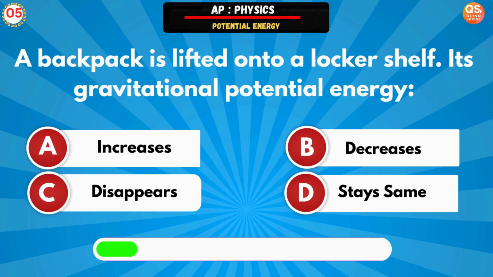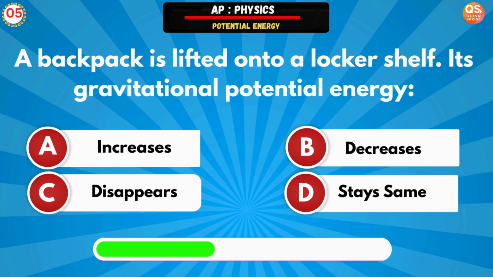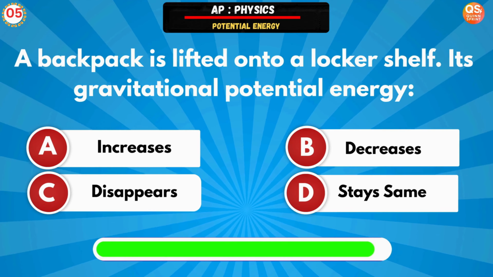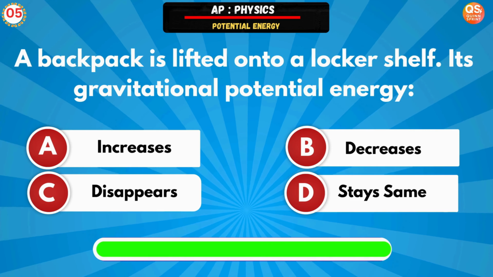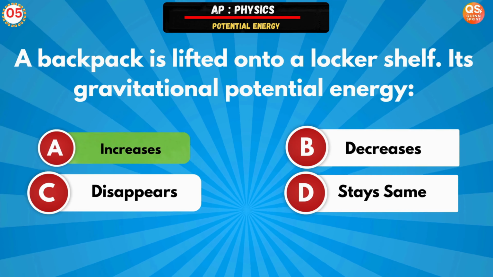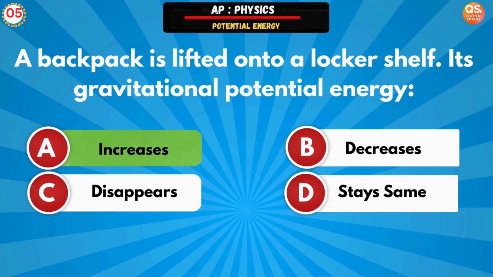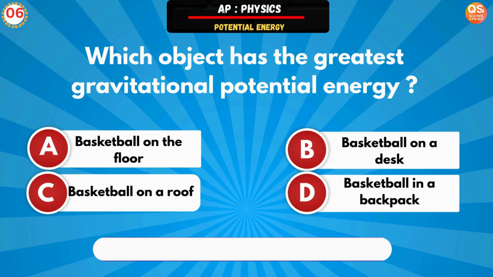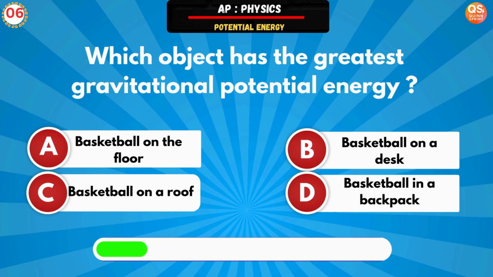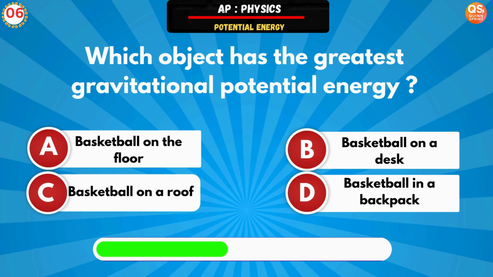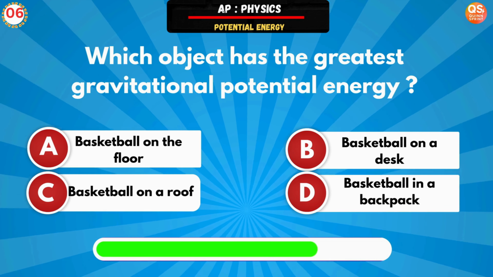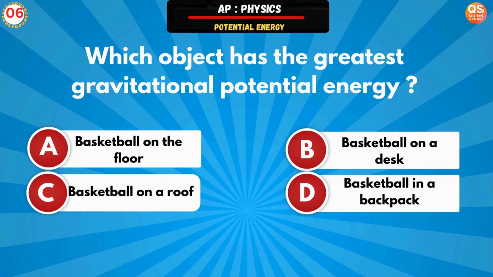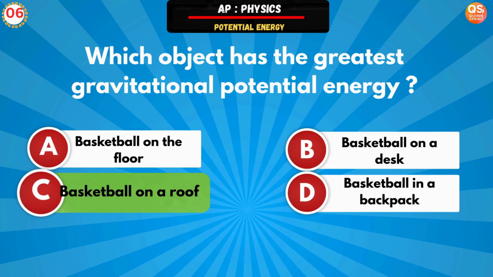Its gravitational potential energy increases. Which object has the greatest gravitational potential energy? Basketball on a roof.